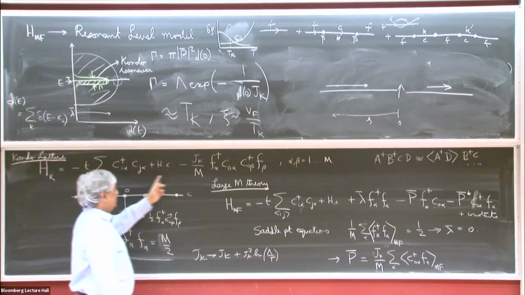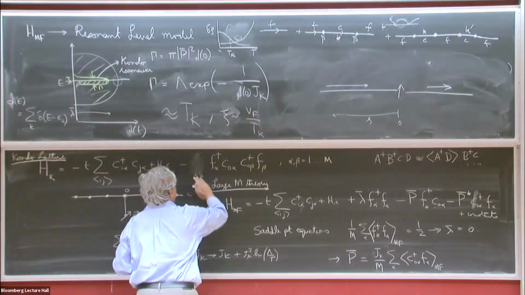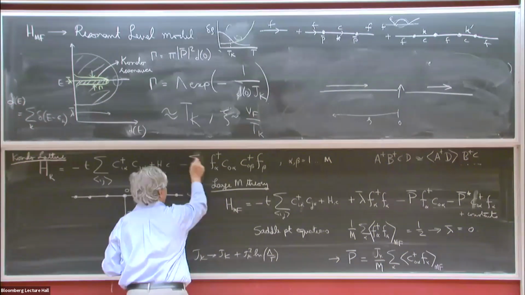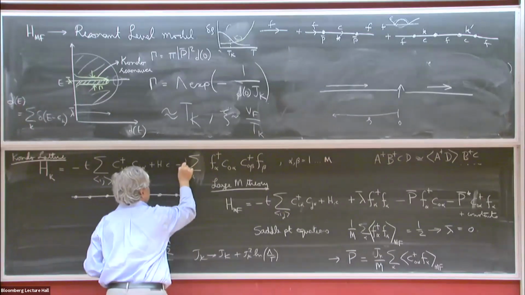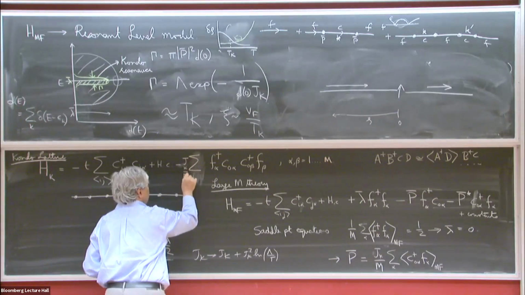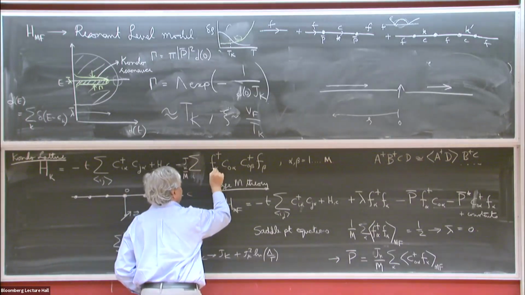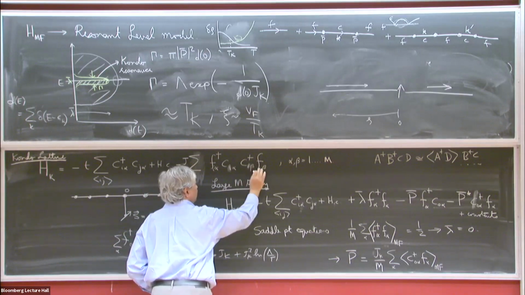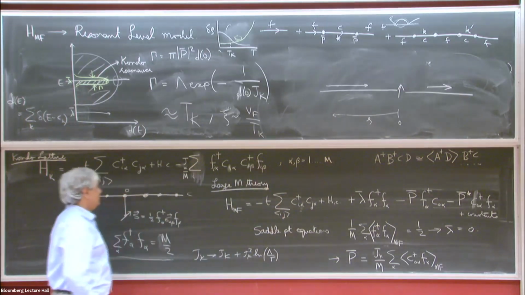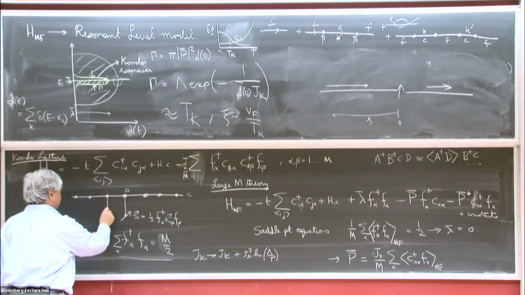So the Kondo model is, first of all, I do a sum over i here, J_K over N. I put an i on each of these. That's it. And so I'm putting a spin on every site.